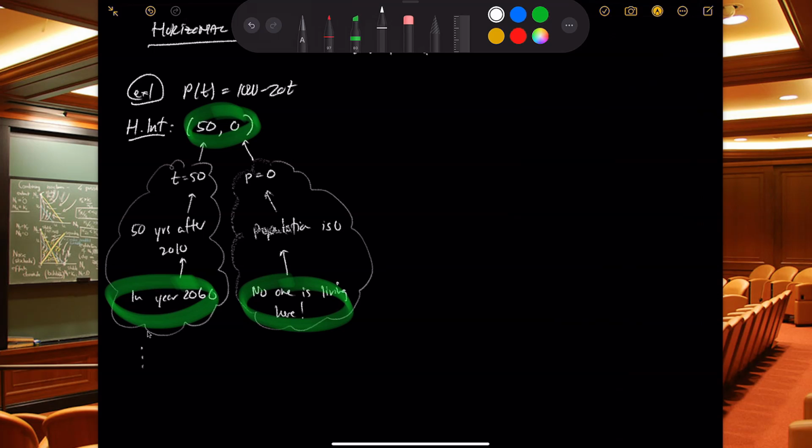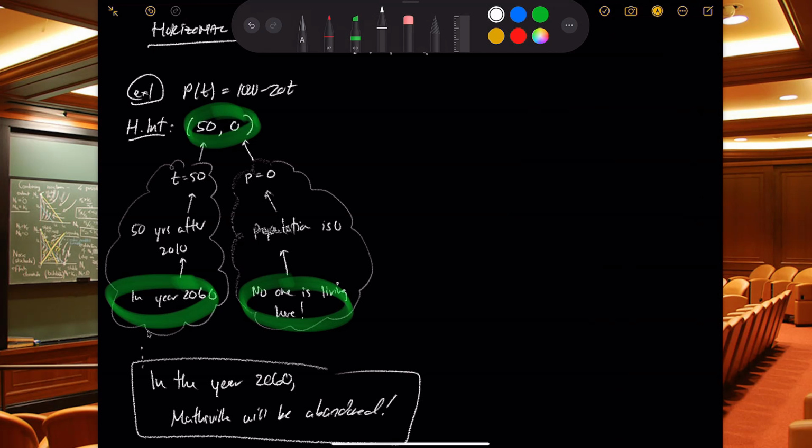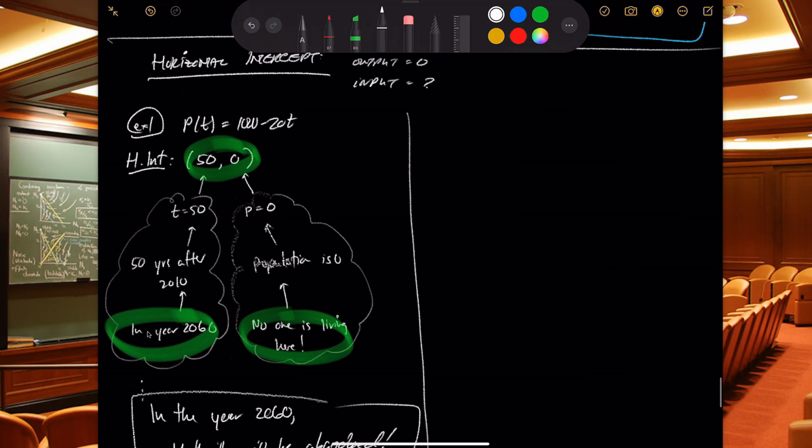So this tells us to interpret this as: in the year 2060, Mathsville will be abandoned, or there will be no one living there. So again, taking it from the notation out a few layers to the actual application of what it means.